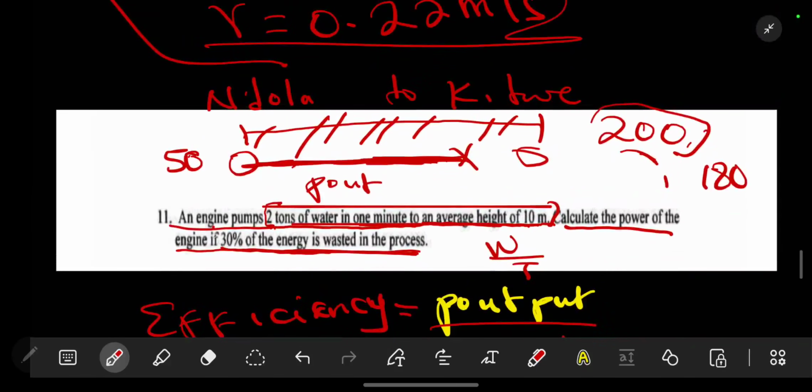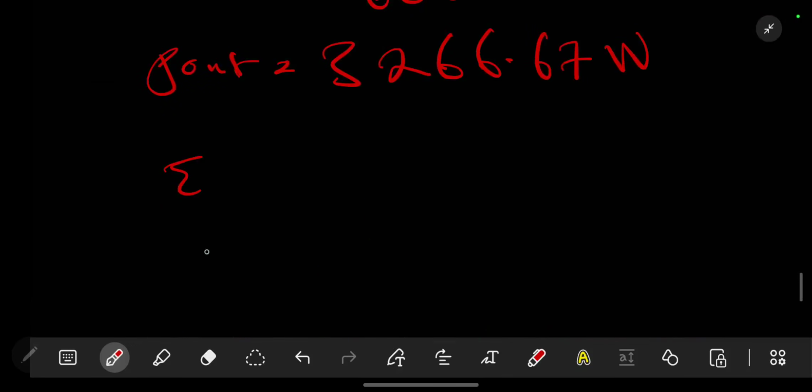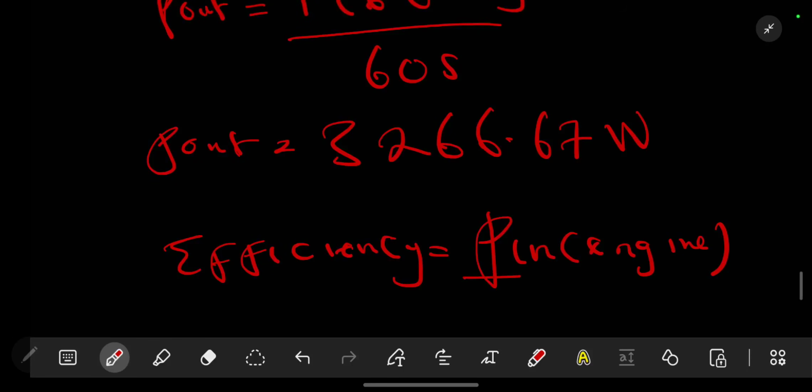Therefore, efficiency, what are we required to find? We are required to calculate the power of the engine. So the power of the engine is the input, but due to friction, heat, and whatever, it may be reduced. So the efficiency will be equal to the power input, which is the engine, over the power output.